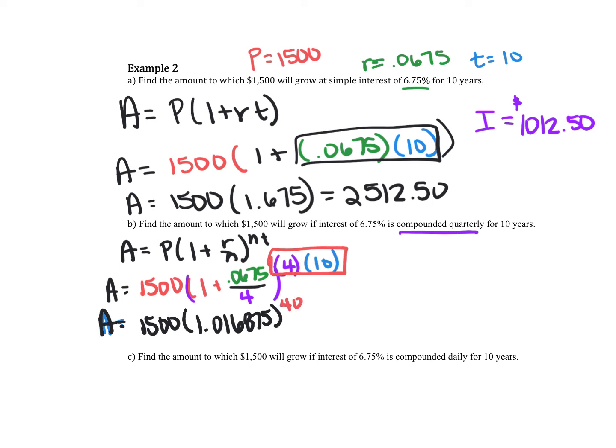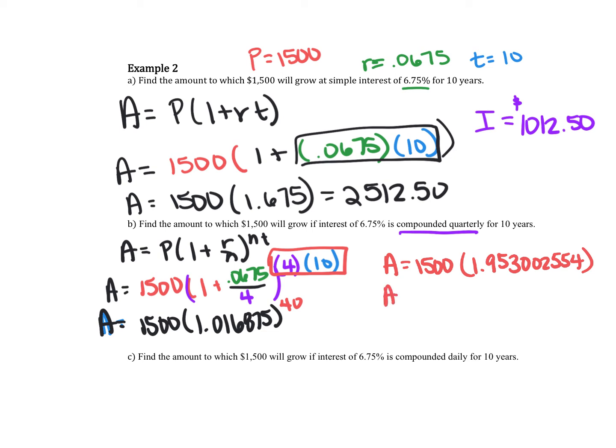When I raise the number inside to the 40th power, I get A equal to 1,500 times 1.953025, approximately. To solve for A now, just multiply that number by 1,500.